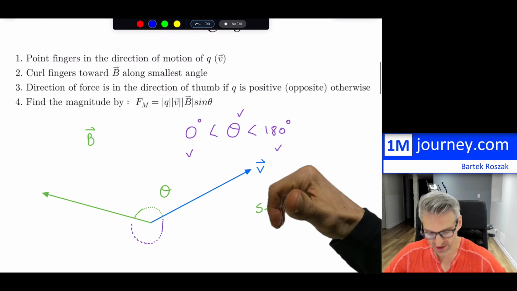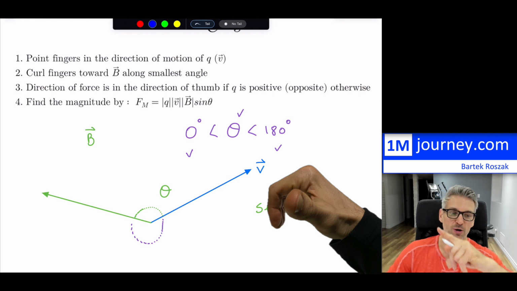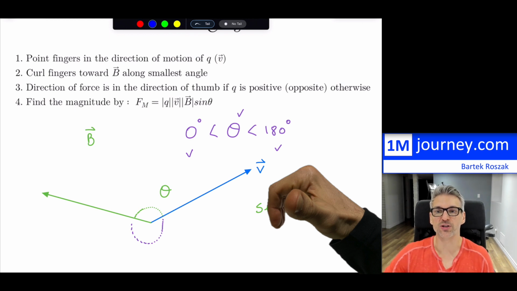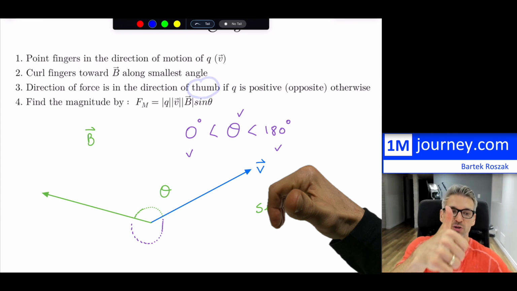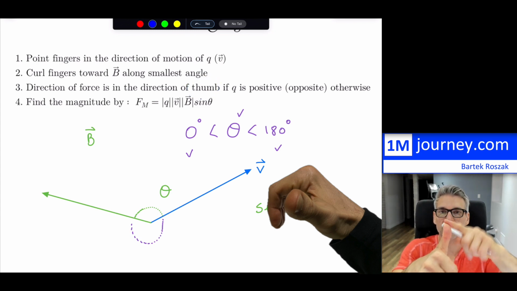As you see on the screen, I'll put a picture up above that shows how you are curling your fingers. If you are curling them in, the direction of the force is in the direction of your thumb. So your thumb is telling you the direction of the force.